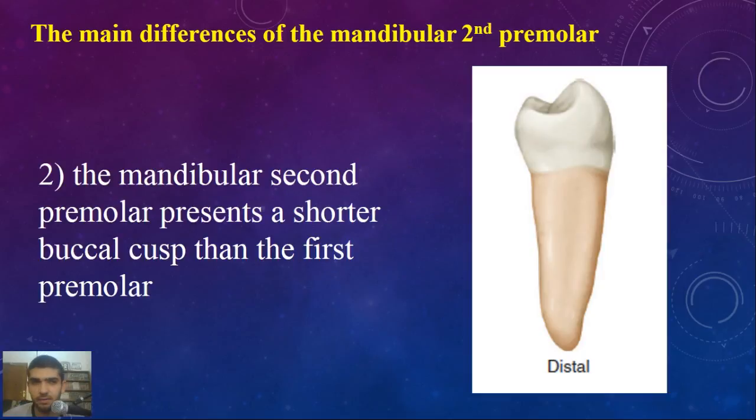The second difference is that the mandibular second premolar presents a shorter buccal cusp than the first premolar. We said in the mandibular first premolar that the buccal cusp is long and sharp, while here it is shorter than in the mandibular first premolar.